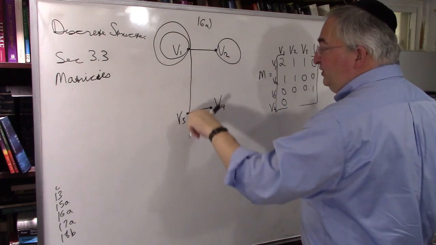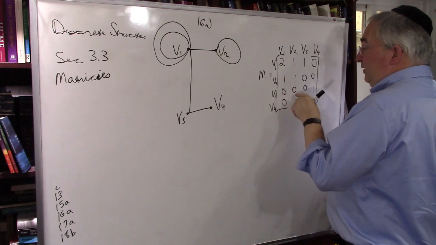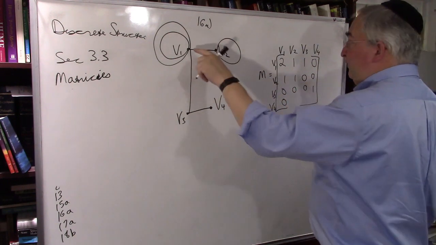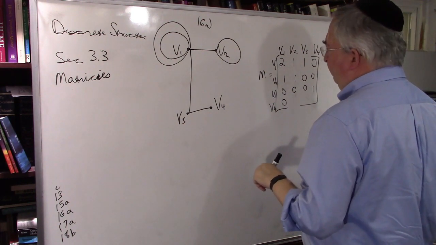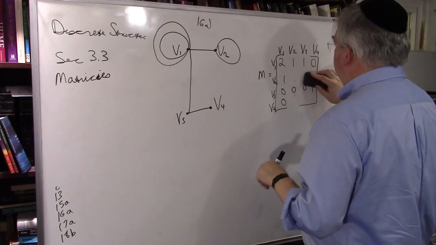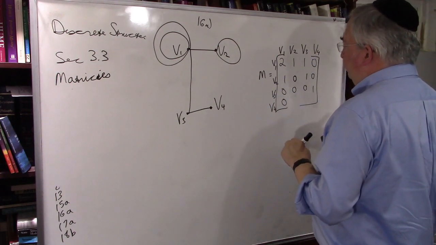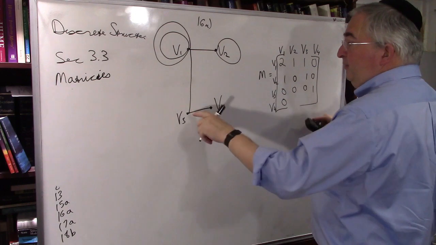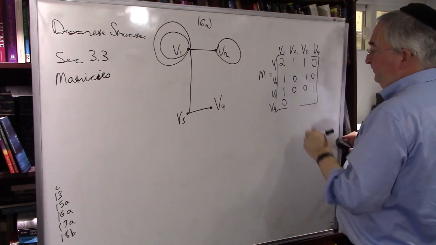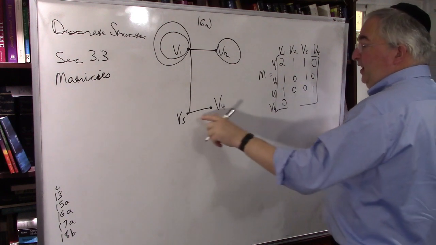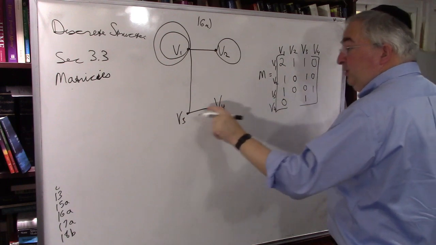Not only is there an edge from V1 to V3, but there's one from V3 to V1. There's an edge from V3 to V4, but there's one from V4 to V3.